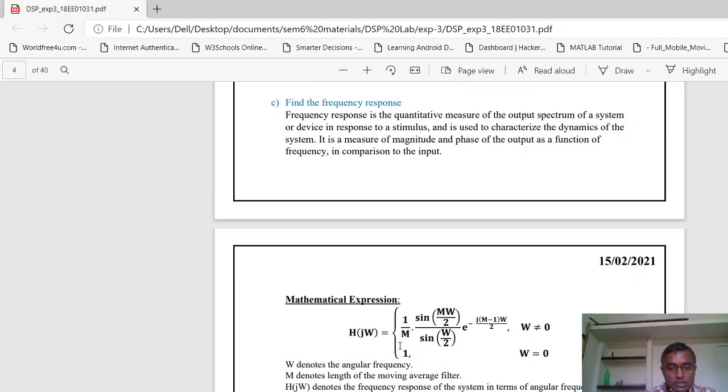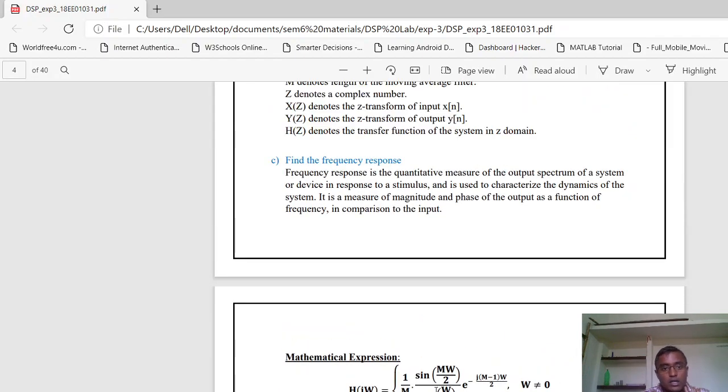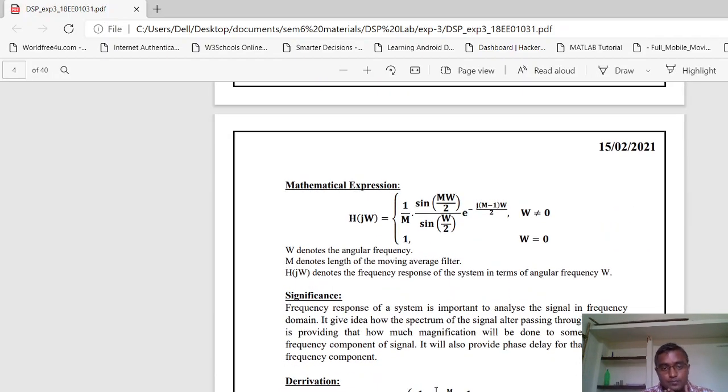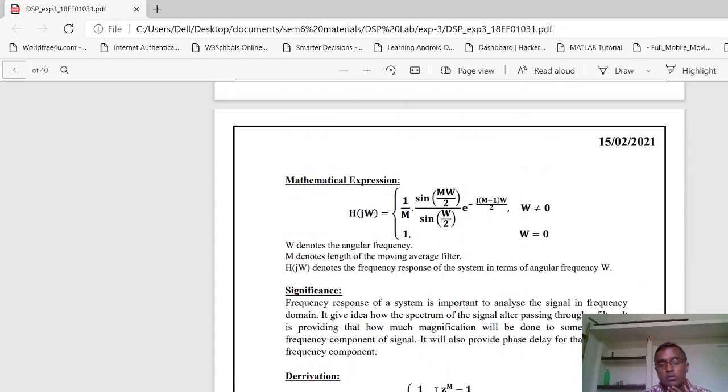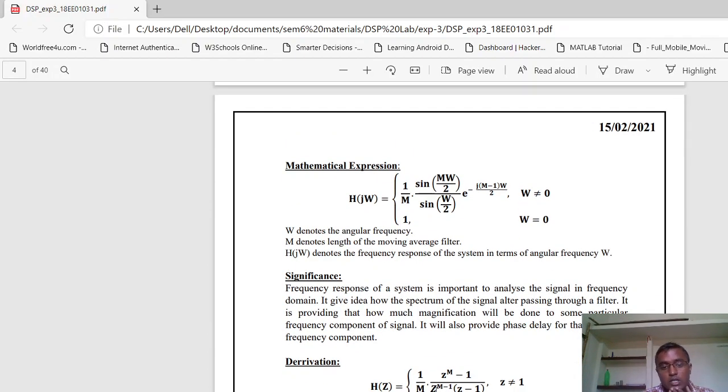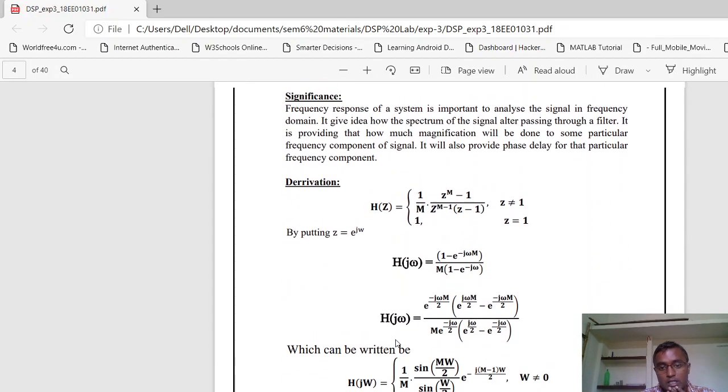I will derive it further down. The significance of the frequency response is that if we give some input signal to a system, that input signal contains different frequency components. For each frequency component, how much attenuation or magnification will happen in y of n or y of t, we get from the frequency response of the system. Here is the derivation.